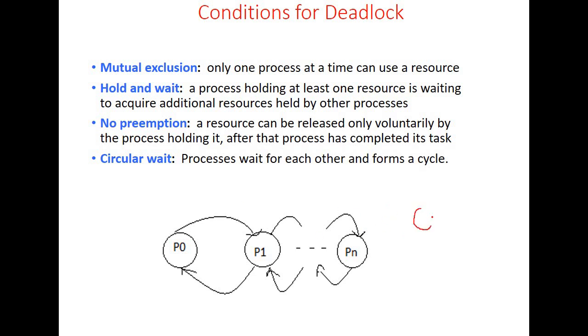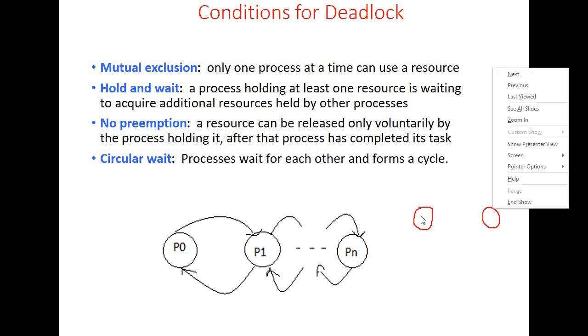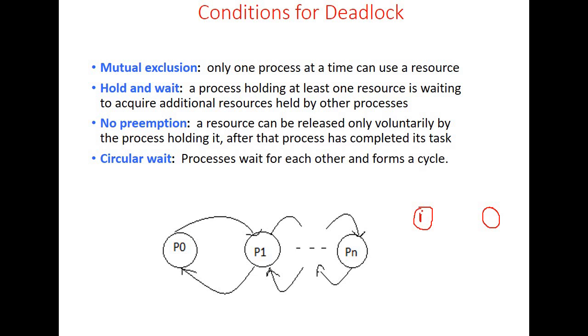Consider only two processes, for example, P0 and P1. So this is P0 and this is P1. P0 is holding some resource and waiting for P1's resource. P1 is holding some other resource and it is waiting for the resource held by P0.